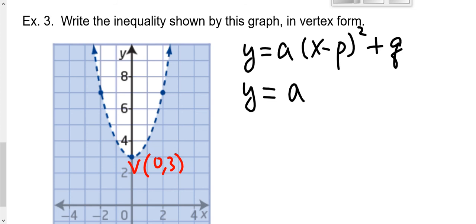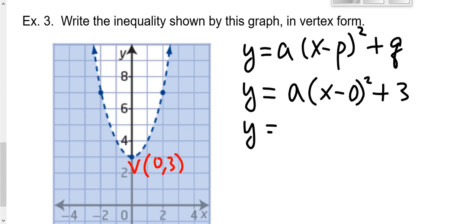Maybe on second thought, I'll still write down x minus 0 squared, because I don't want to confuse any of you, and then plus 3. Okay, p and q. So we can simplify this a bit more: a times x squared plus 3.